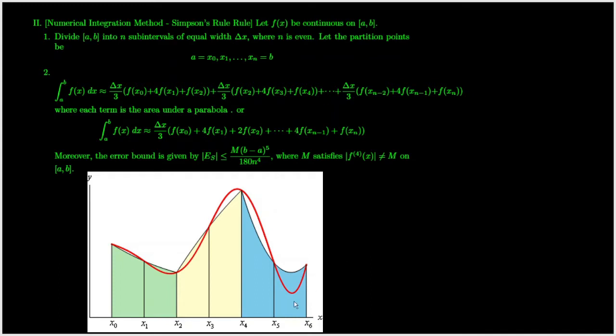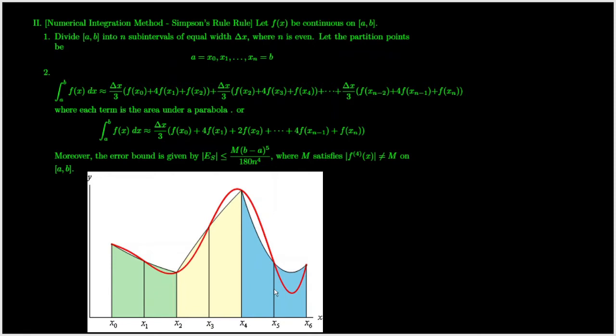On this sketch, you have a particular case that n value is equal to 6. Now, the idea is to use the sum of the areas under many parabolas to approximate the area under the graph of the function from a to b.